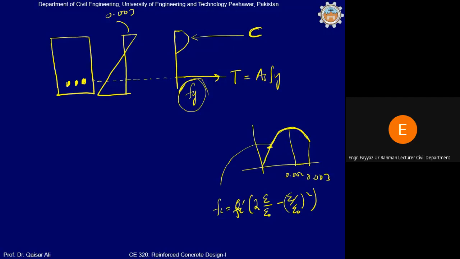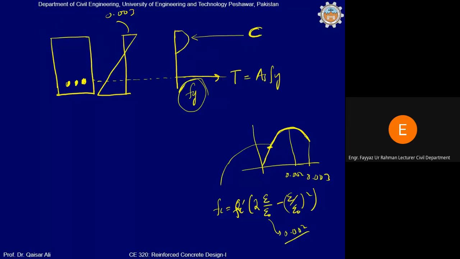So using this relation, you can calculate stresses from the strain at any strain. This epsilon naught is equal to basically 0.002, that is the strain corresponding to the maximum stress.